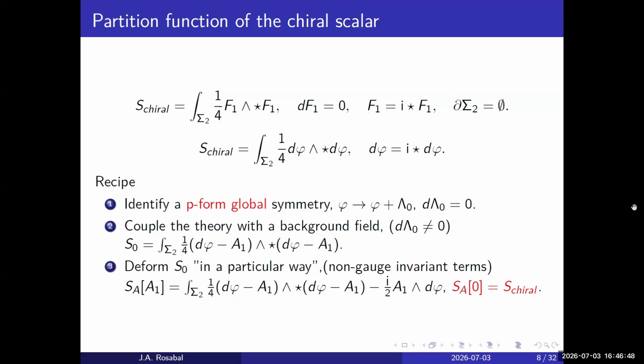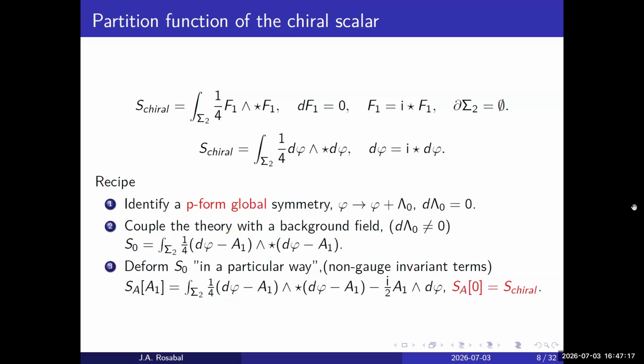And with this constraint, you have similar problems as in the previous theory. If you use this constraint here, you get a zero action. The action vanishes. So what the classical theory does is you first take the variation of this, you get the equation of motion, and after that you impose the constraint. But when you go to the quantum theory, you don't know what to do with this constraint, the quantum version of this.